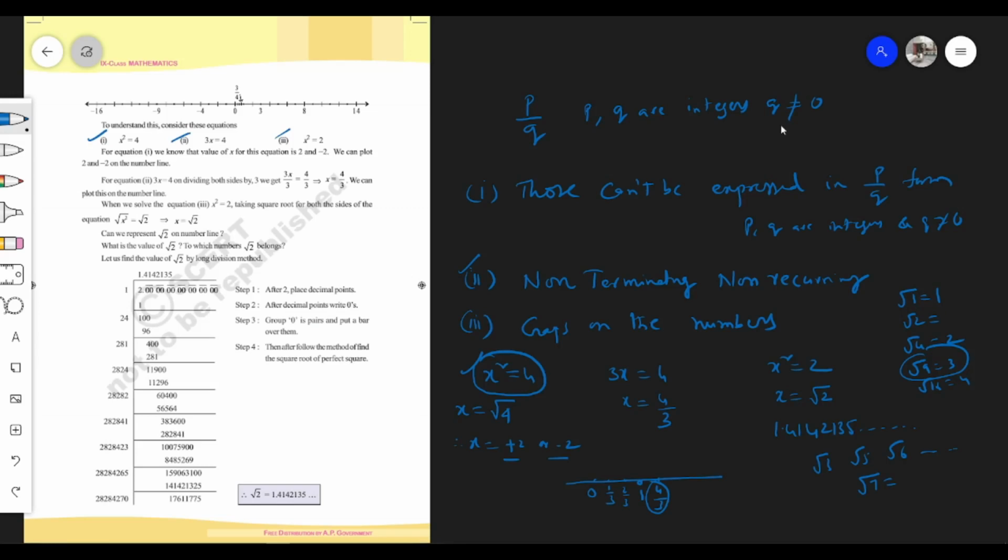So all these things pull me to find a new world of numbers. That is what we are going to discuss: irrational numbers.